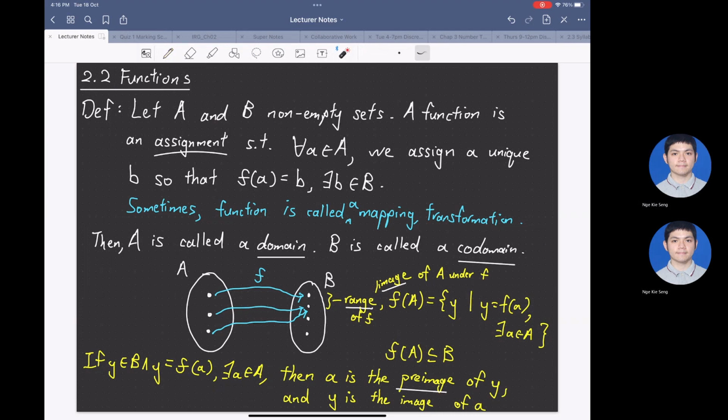Anything that gets mapped is the image, and the thing that gets sent to the image is called a pre-image. So the pre-image lives in here, the pre-image of some element lives in here, and the image lives in here.